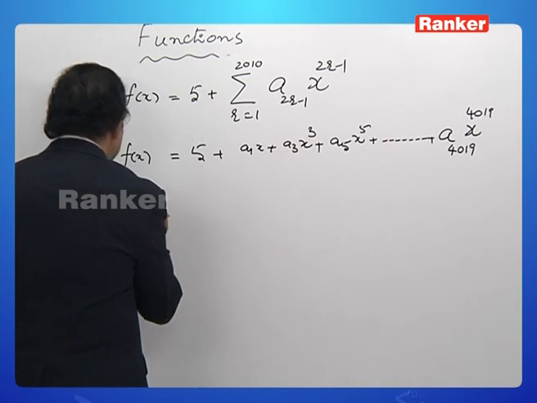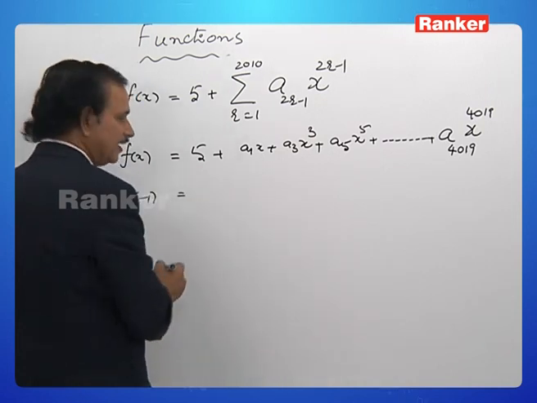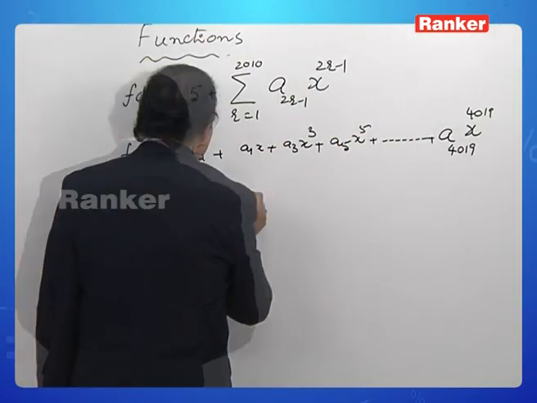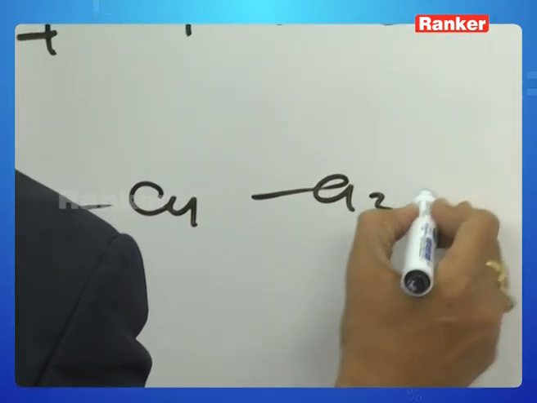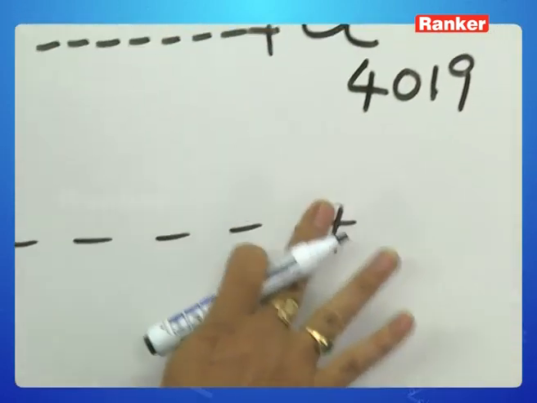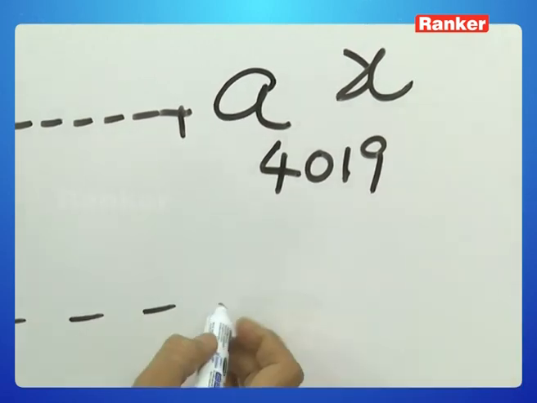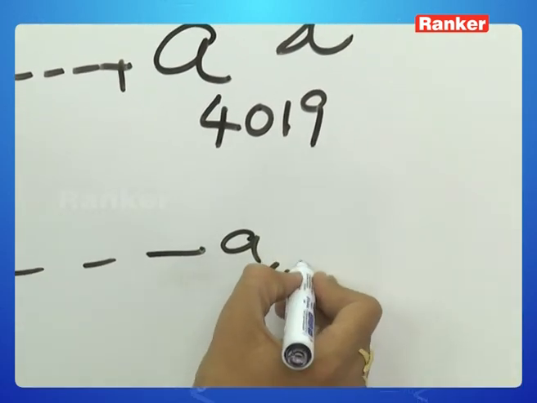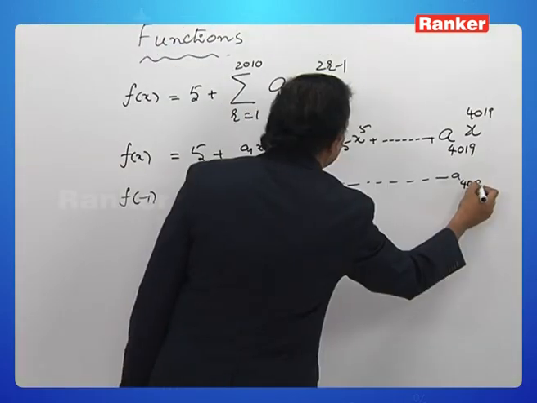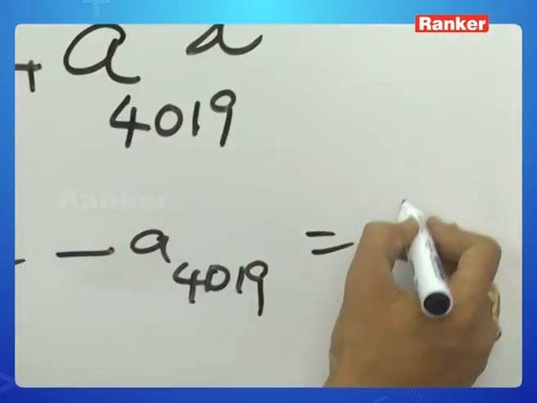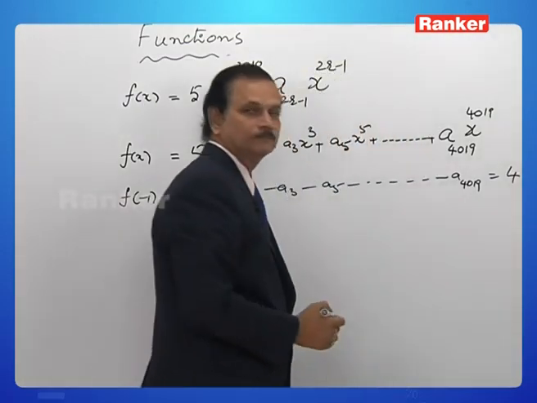What is f of minus 1 actually? 5 plus a1 into minus 1, minus a1 minus a3 minus a5 minus a7 etc. Even the last term is also negative, minus a4019. But it is given to be 4.